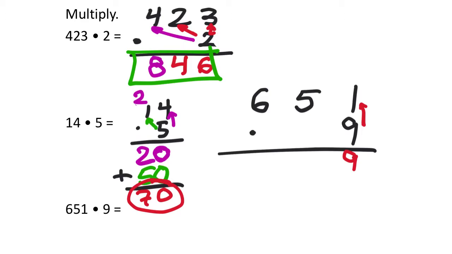So that's the ones. Now what I'm going to do is I'm going to put the tens in a whole different row right here, knowing that I'm just going to add whatever these products are. So I'd say, okay, 9 times 5. Now 9 times 5 is 45, right? But that's 45 tens, which means I need a 0 in the ones place value.